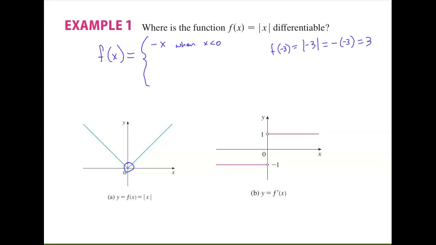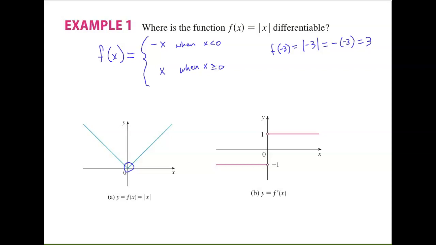But it'll be the same as the input. It'll just be x when x is greater than or equal to 0. Now, both of those separately, you can take the derivative anywhere. What we need to worry about is what's going on at 0.